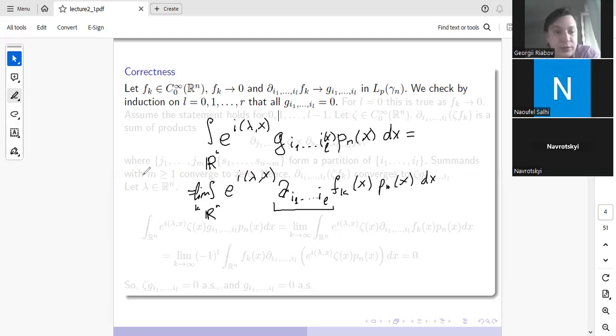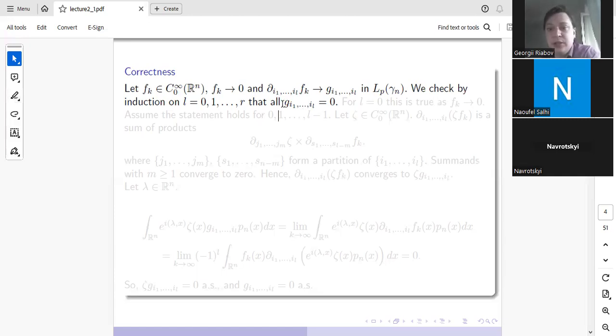So to do this, we use an inductive argument. We will prove that all functions g are equal to zero by induction on L. When L is equal to zero, we already know this because by assumption fk converges to zero in LP.